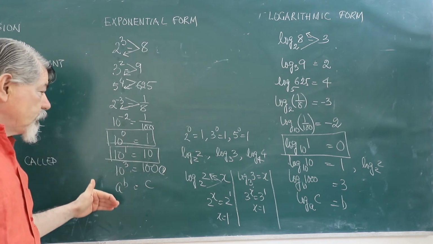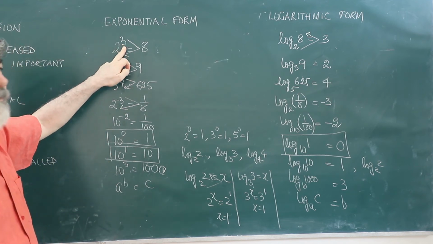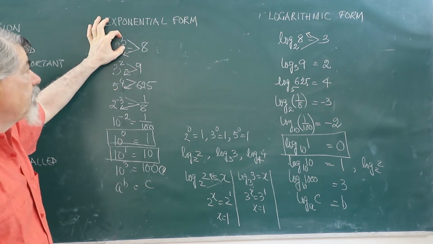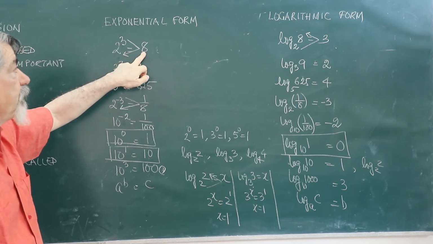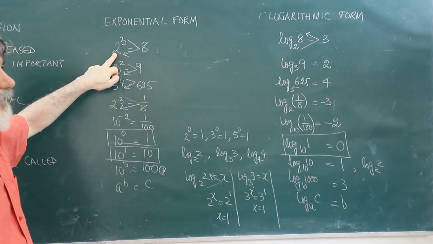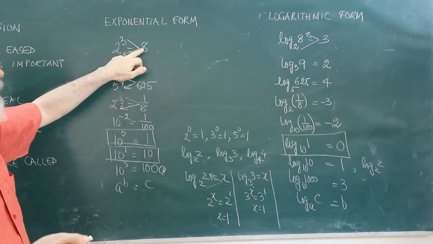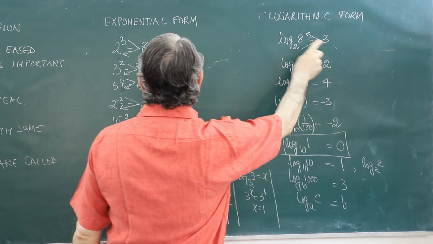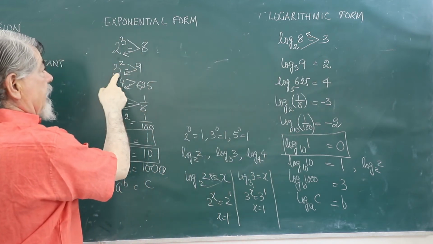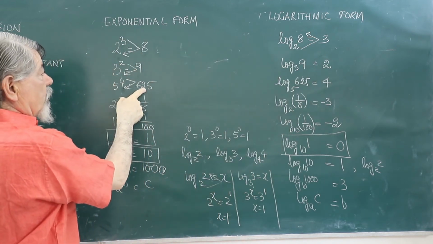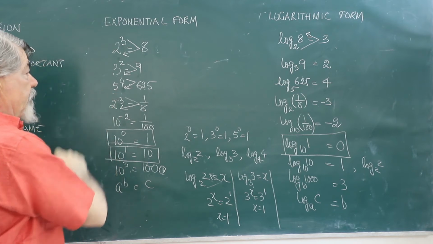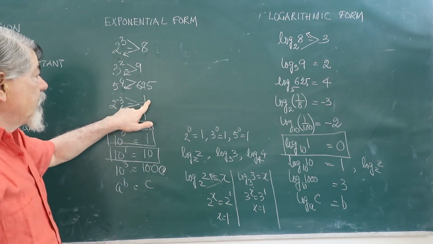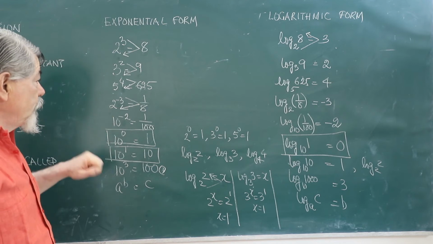Once again I will go through the complete thing. 2 to the power 3 is 8. The exponent is called the log of the number which we obtain, to the base which we have raised to get the number 8. So log 8 to the base 2 is 3. 2 is the log of 9 to the base 3. 4 is the log of 625 to the base 5. Minus 3 is the log of 1 upon 8 to the base 2.